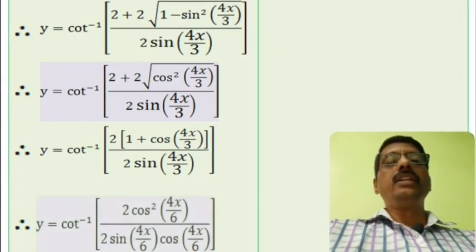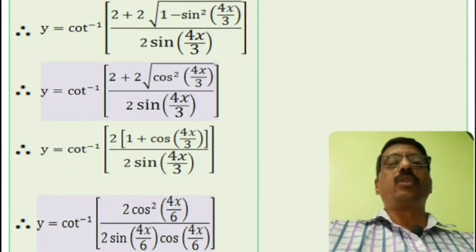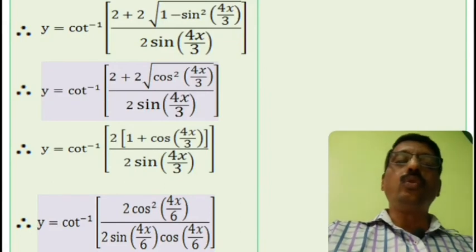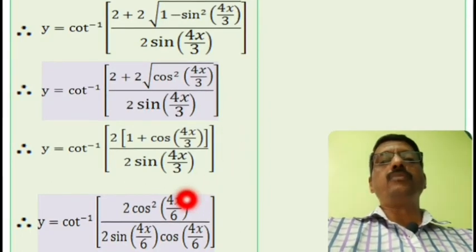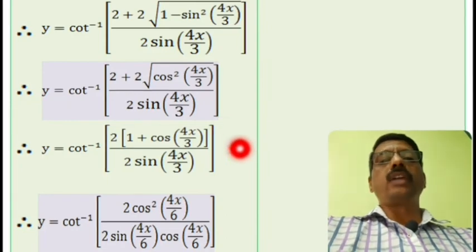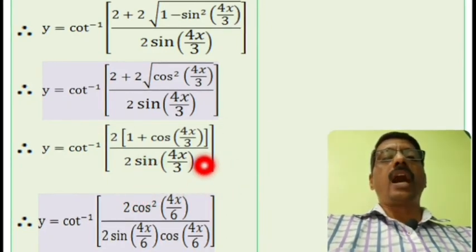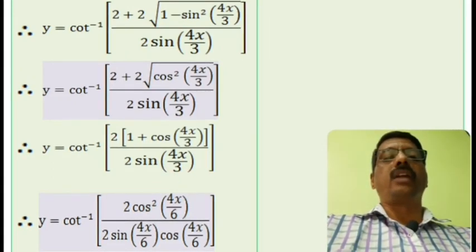Yes, that is y equal to cot inverse of 2 cos square 4x upon 6, because we know that 1 plus cos of theta equal to 2 cos square theta by 2, and therefore in the numerator it becomes 2 cos square 4x upon 6 divided by, again, sin of theta equal to 2 sin of theta by 2 into cos of theta by 2.